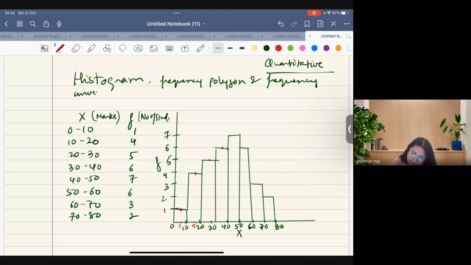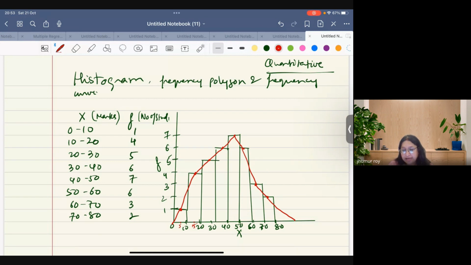So in the midpoint of all these bars that we have drawn, if we join them with straight lines, then it is called a frequency polygon. Remember, if all the points are joined with straight lines, then it is called a frequency polygon.